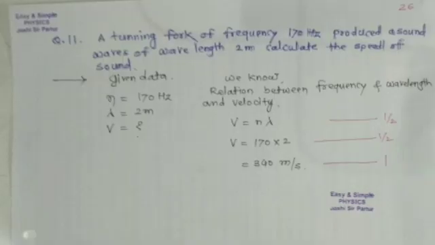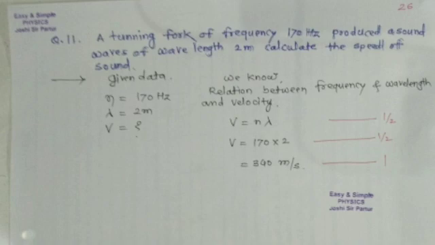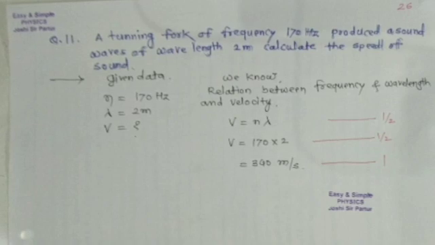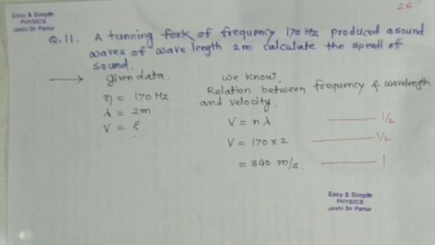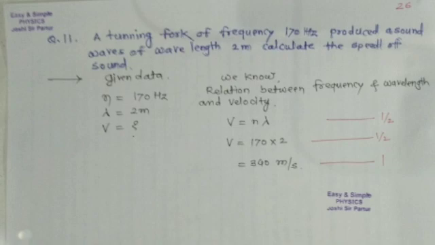Question number 11, also numerical. A tuning fork of frequency 170 Hz produces a sound wave of wavelength 2 meter. Calculate the speed of sound.